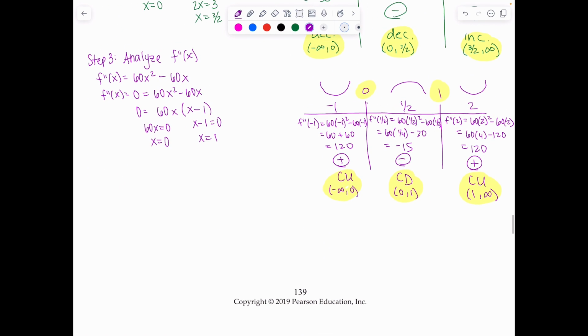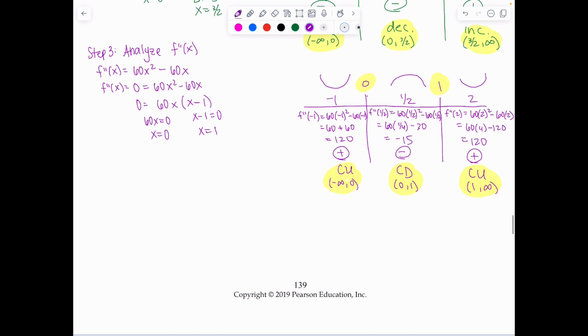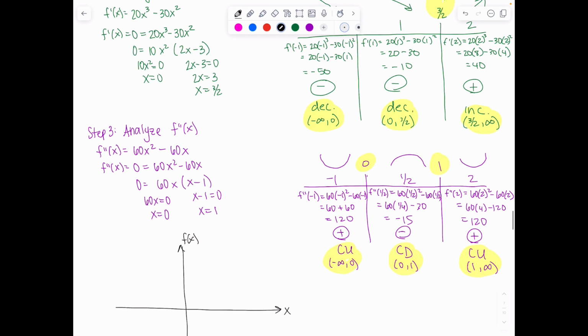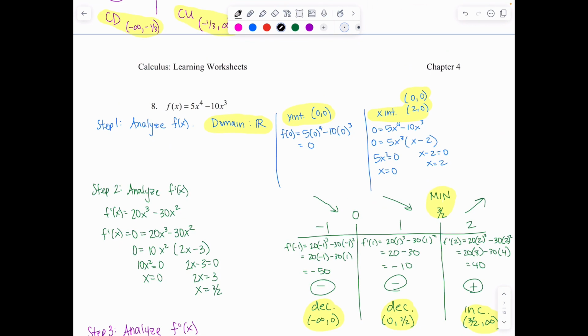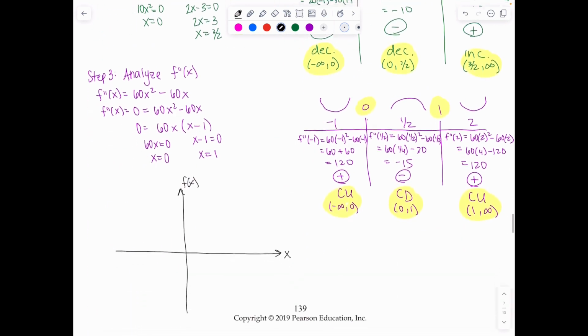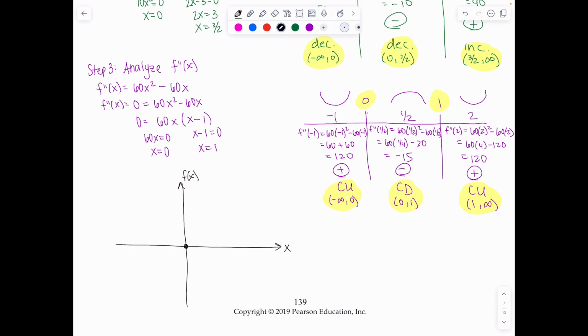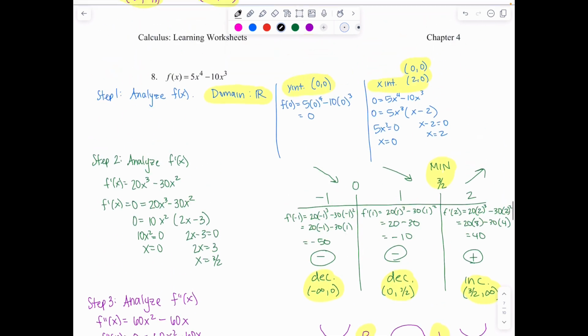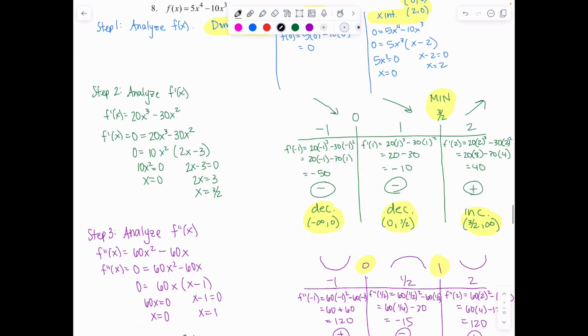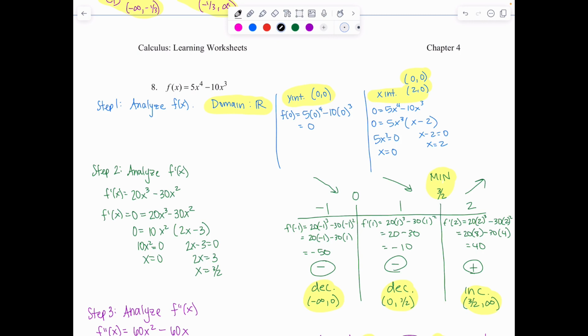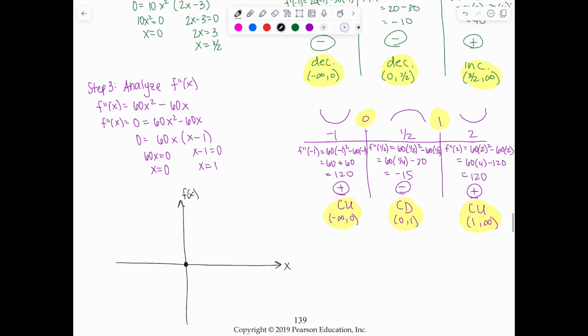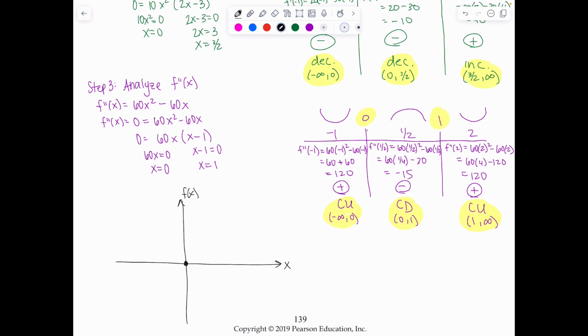Let's create a sketch. First, we'll put our y-intercept (0, 0). We'll put our x-intercept (0, 0), x-intercept (2, 0). We'll put it over here.